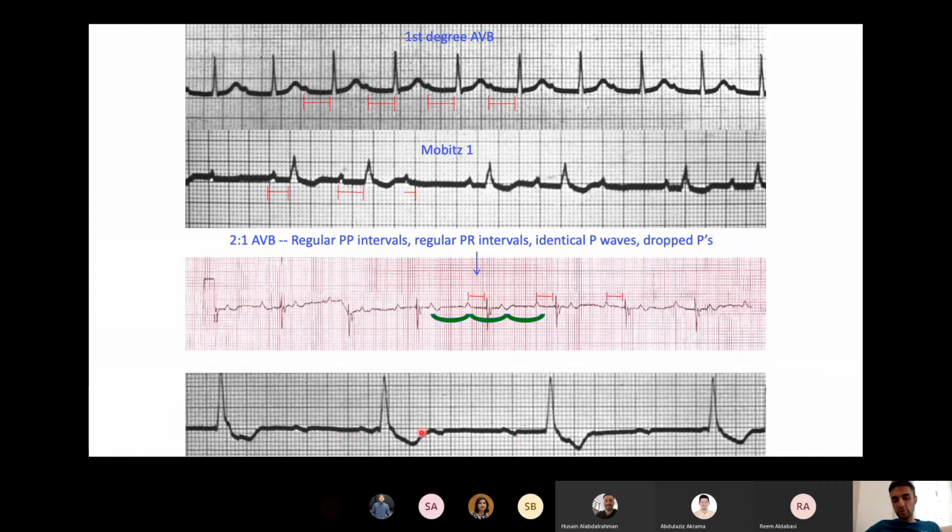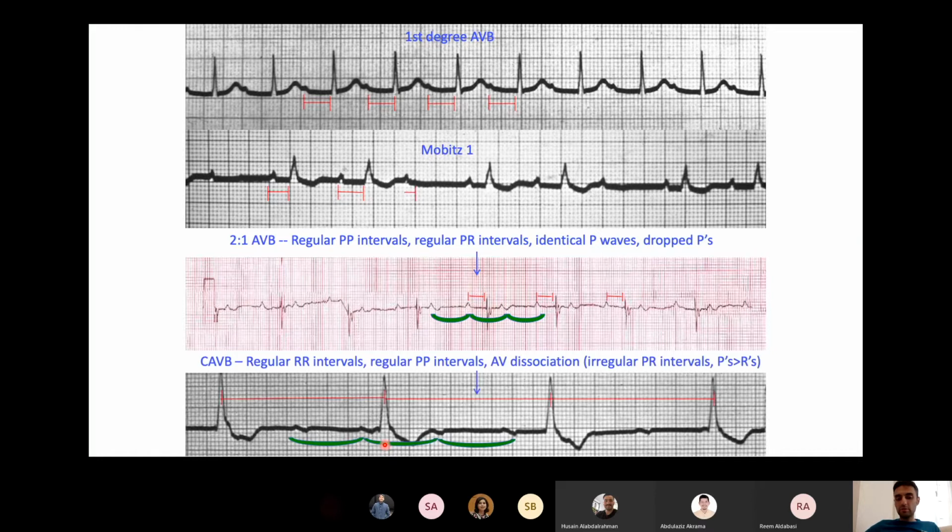It's best to have a long rhythm strip, and then you study it and you would see that the PRs are all over the place. There's no specific trend. Sometimes super short PR, sometimes super long PR, sometimes normal looking PR, sometimes mildly abnormal looking PR. So the PRs are all over the place, but the P to P interval is always regular, and the R to R interval is usually regular. And there are more P's than QRSs.